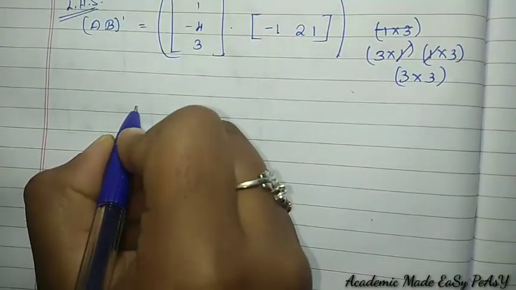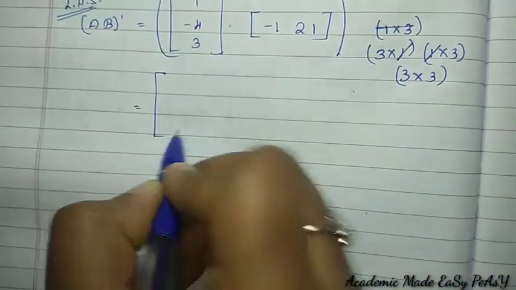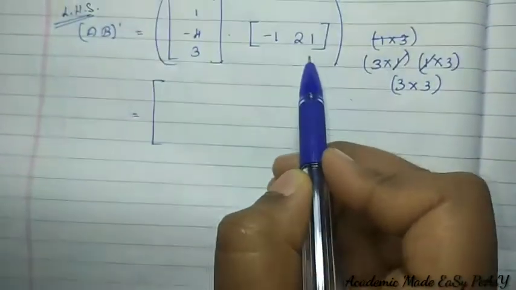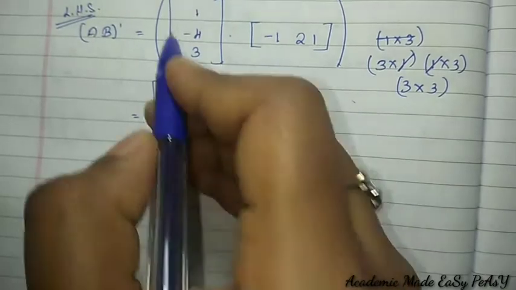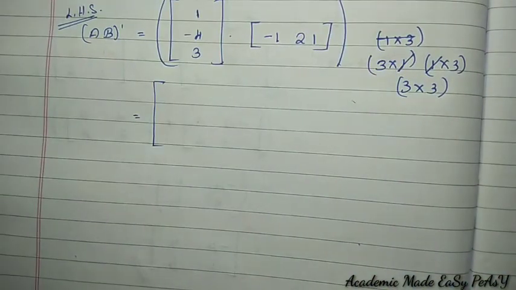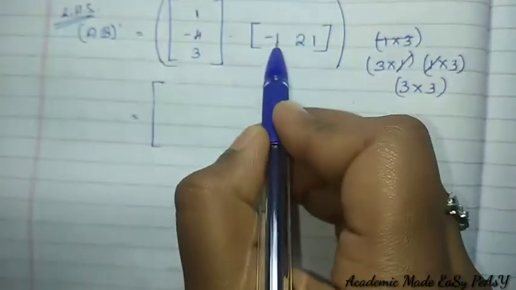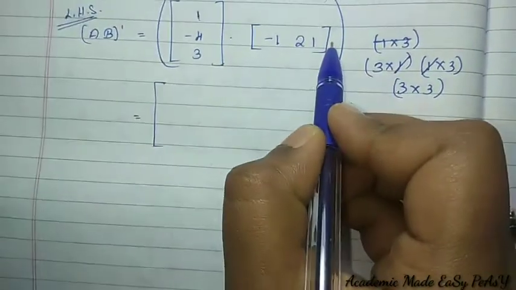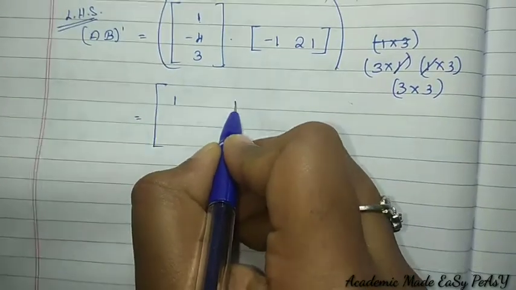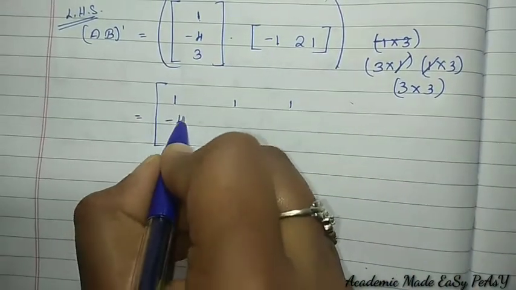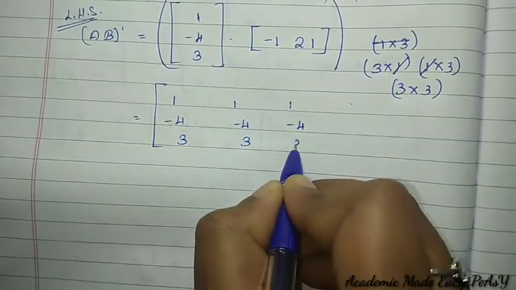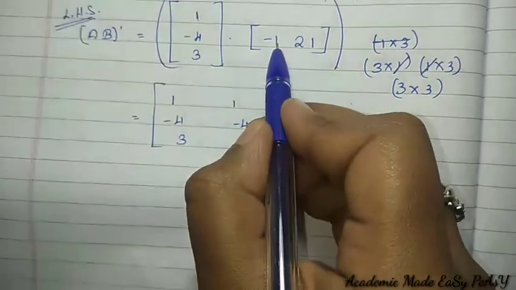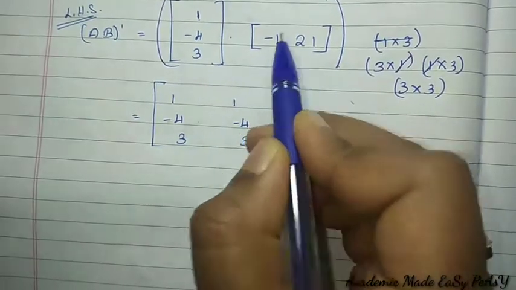So now I will be multiplying. So here, since I will be taking only the rows from the first matrix, since I have only one element, that is only one column, I will be taking only this. And how many columns are here? 3 columns are here. I will be writing thrice. So 1, 1, 1, minus 4, minus 4, minus 4, 3, 3, 3. So now I will be multiplying with this.